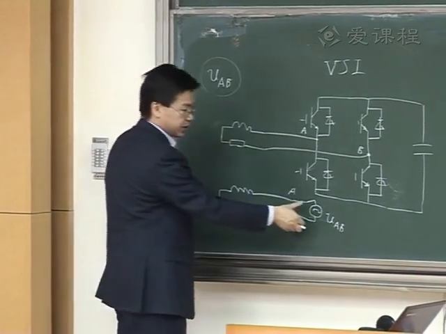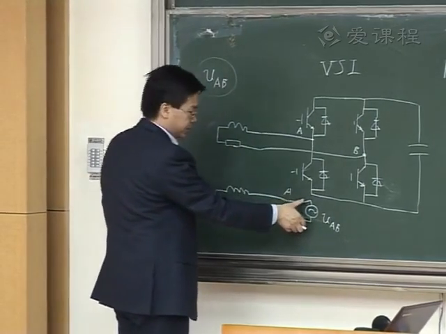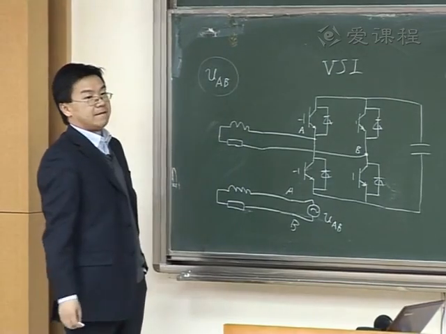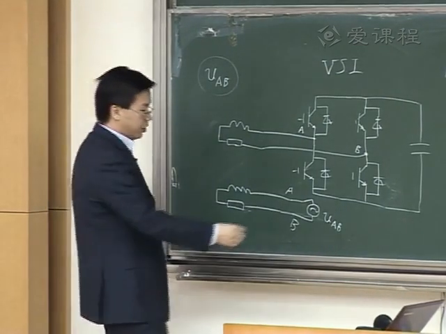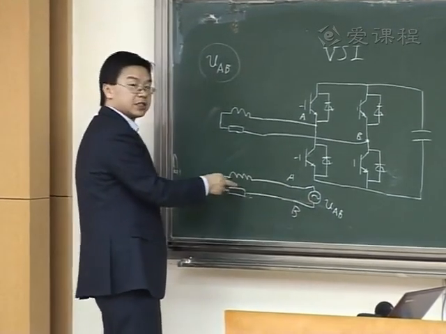We are generating a sine wave voltage source connecting to the AC load. This is a sine wave AC source. This is the AC load. Therefore, what can I use?